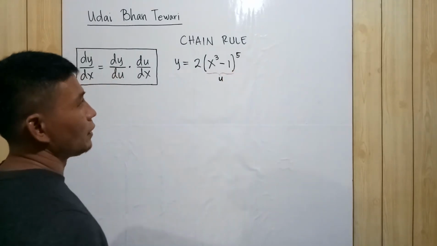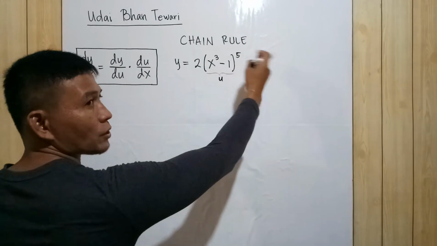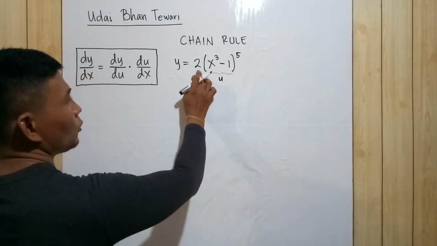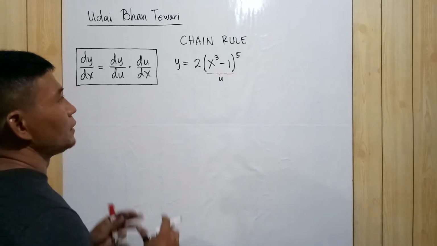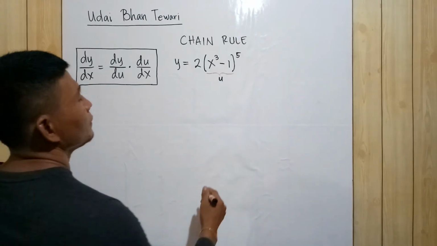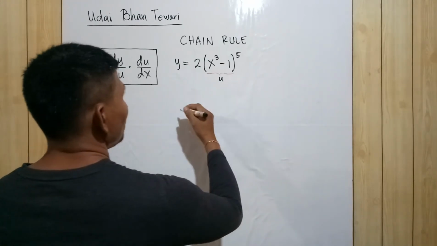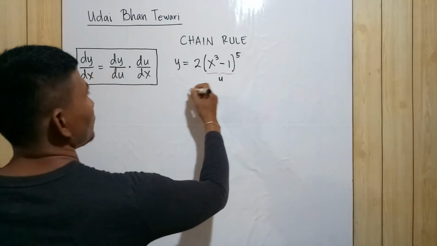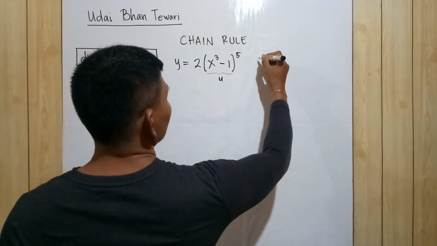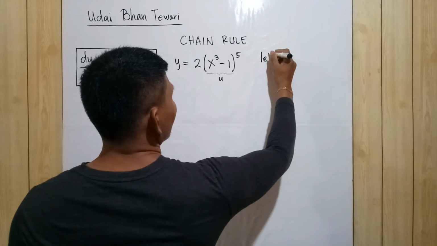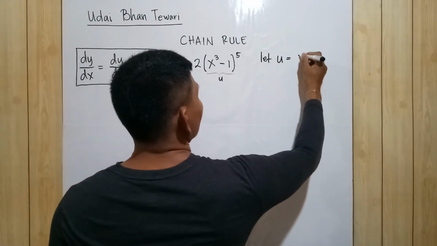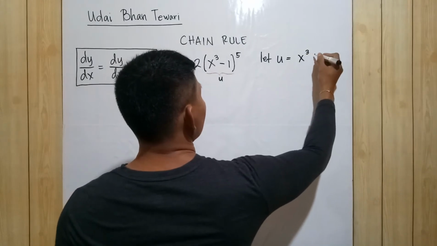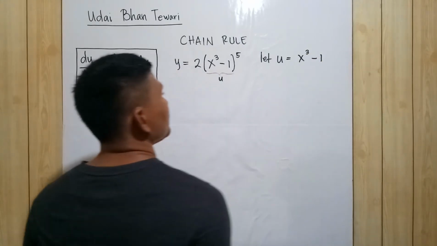Okay, u does not include the exponent outside the quantity nor the coefficient for the quantity inside. So letting that as u, we let u as x cubed minus 1.